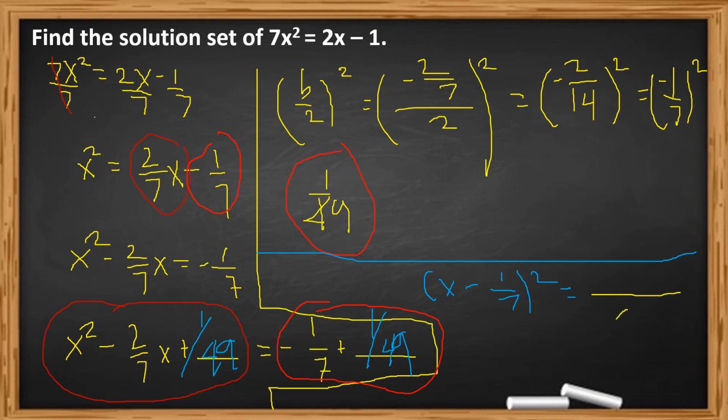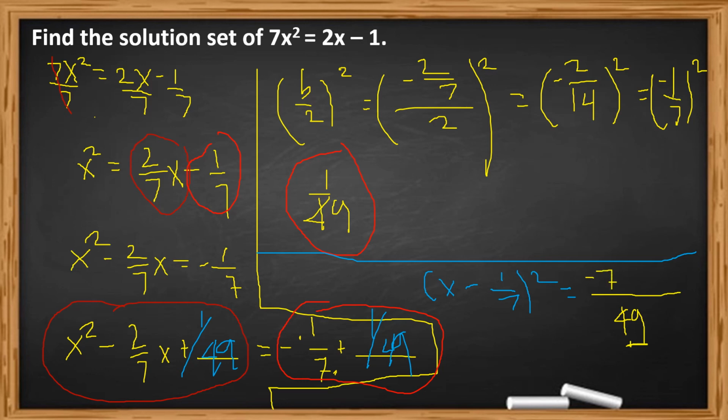But, of course, ang LCD ay 49. Ngayon, si negative 1 over 7, i-transform natin sa paraan na yung bagong denominator ngayon ay 49. Kaya 49 divided by 7 is 7 times negative 1 here. So that's negative 7.